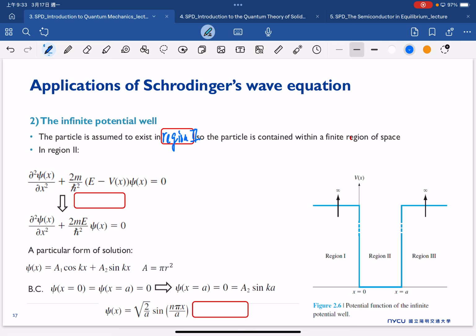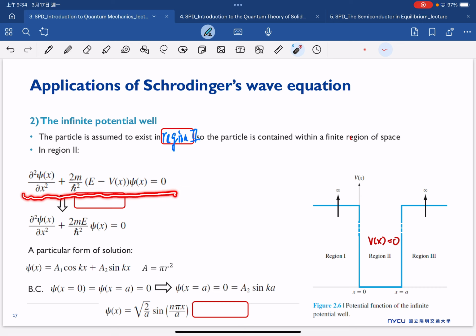And in region 2, we expect our potential barrier to be equal to 0. So that is the case for region 2. With this consideration, we still use our wave equation.